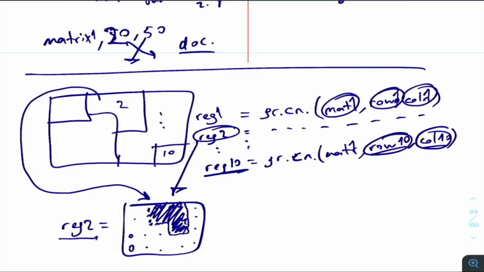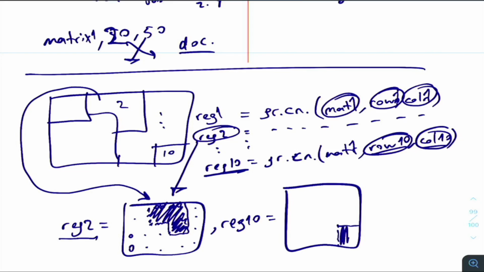And for rect 10 matrix, this will be a binary matrix: 1 1 1 1. Every entry in that section of that matrix is 1, and other entries will be populated by zeros. I just put some dots here and there.